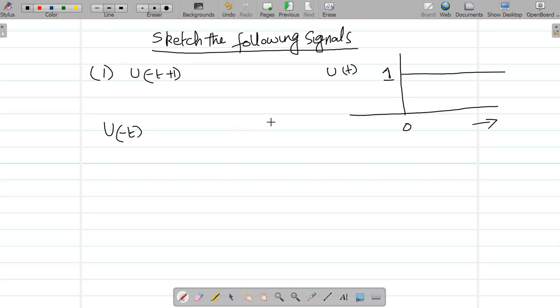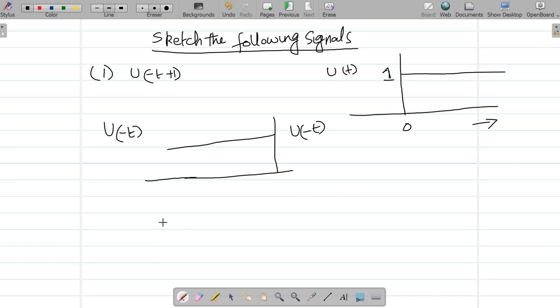All that I need to do is reflect the signal on the y-axis. After reflecting, the signal that I get is u of negative t.